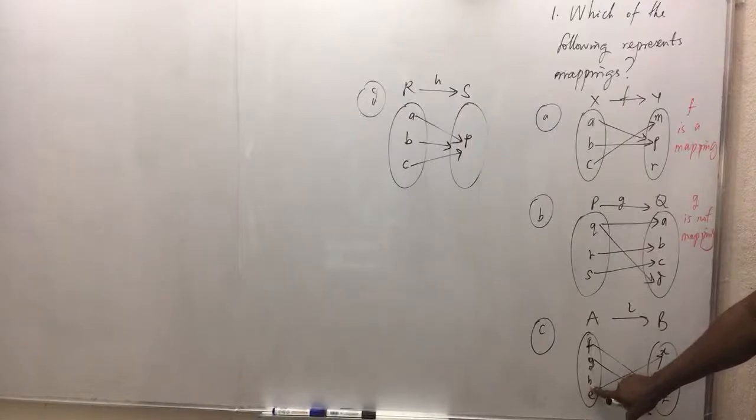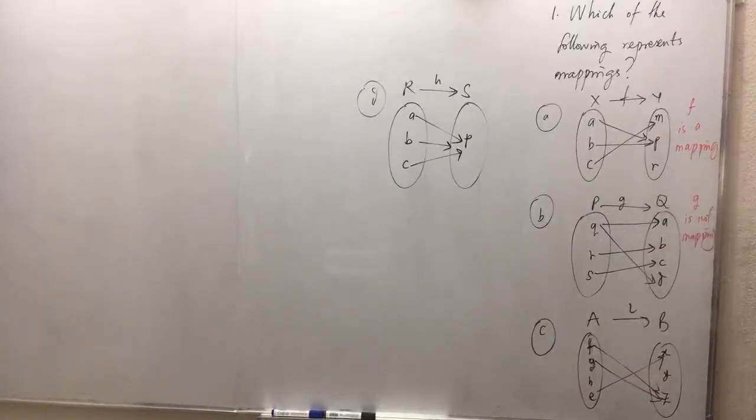It has no image. Now, if you go further to examine the second condition, condition number 2, you will notice that it is fulfilled because no element in the domain has more than one image. Provided one condition has failed, it means that this relation is not a mapping.